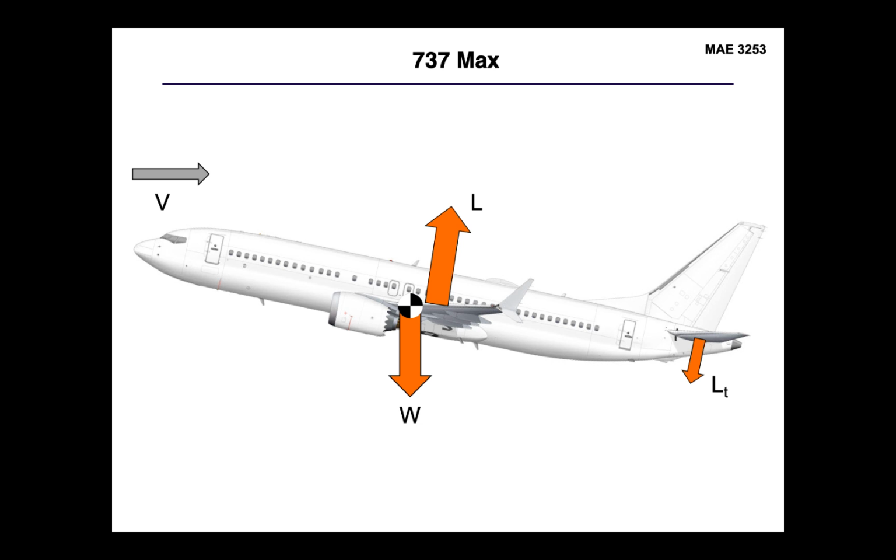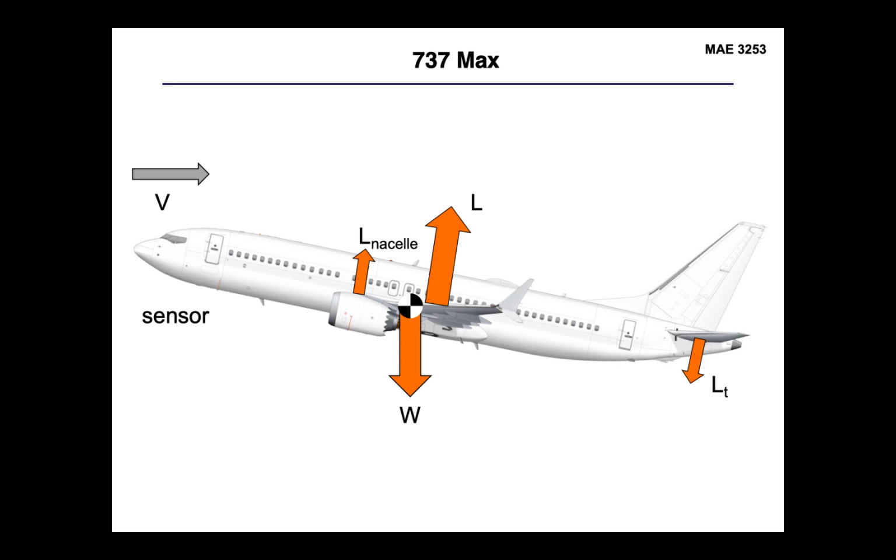Now, in the case of the 737 MAX, one of the issues that has led to the problems that it has experienced is due to the large size of the nacelle. It created a much larger force during high angle of attack maneuvers, particularly during climb out. So as this nacelle force was creating an additional moment that the tail would have to account for, this was built into the control system, the MCAS, Maneuvering Characteristics Augmentation System.